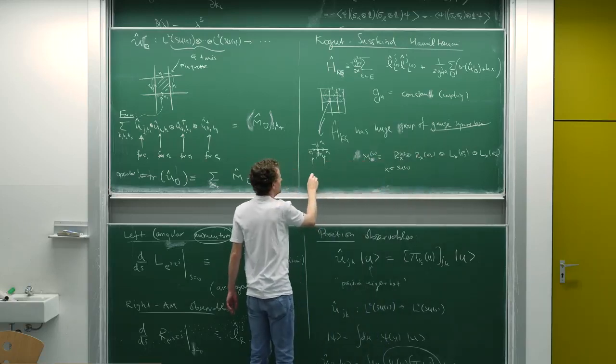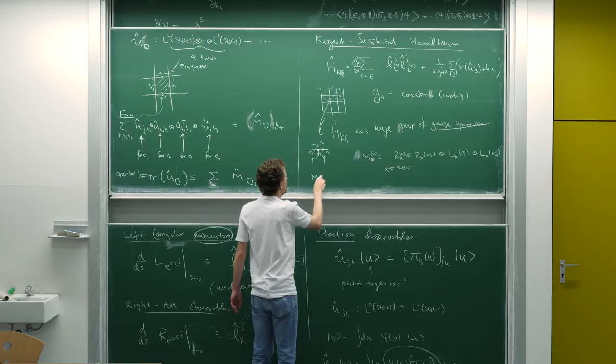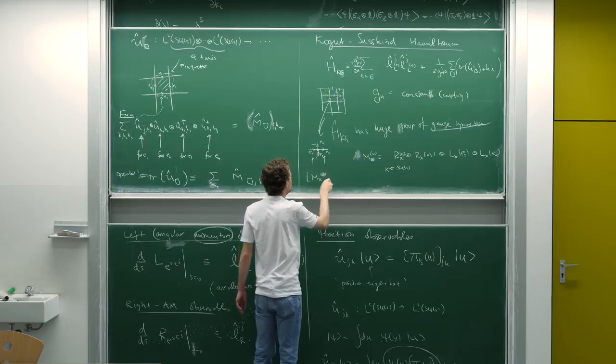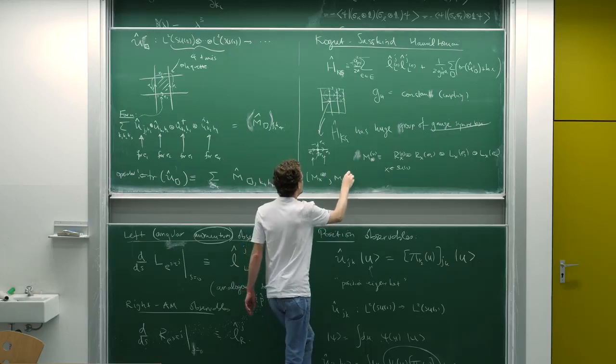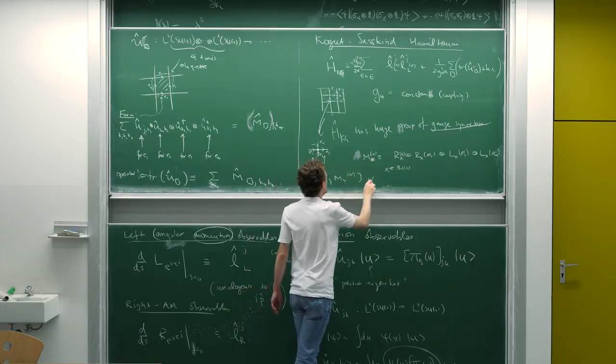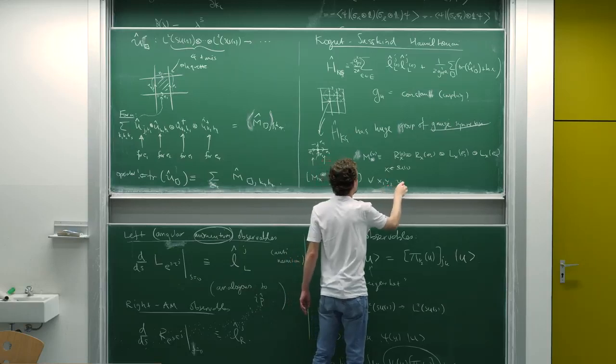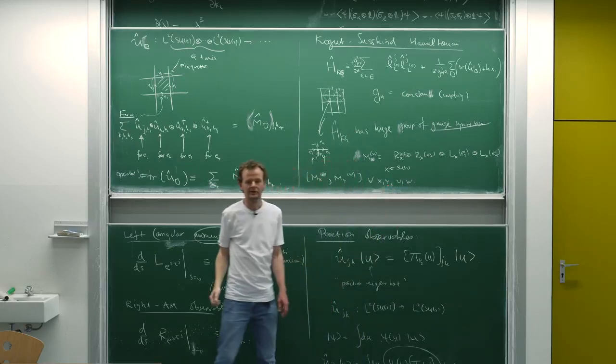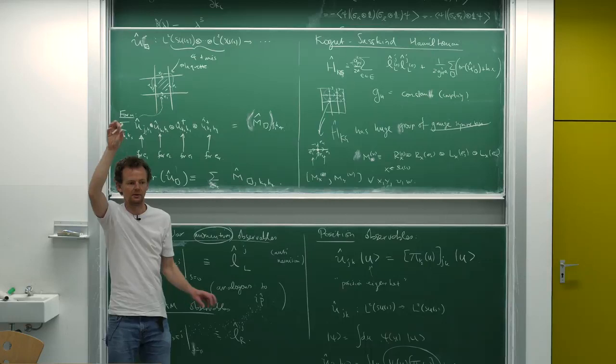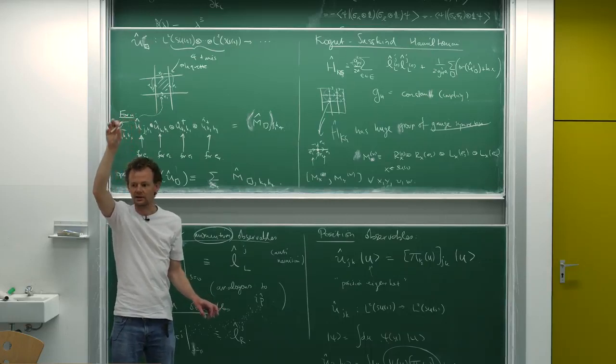It's not hard to check from what I've told you that M_x at some vertex v commutes with M_y at another vertex w, for all x, y, v, w. So at every vertex there's an independent copy of the action of SU2.